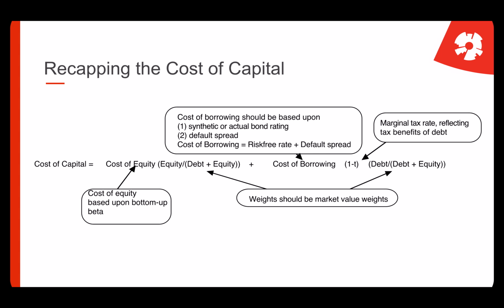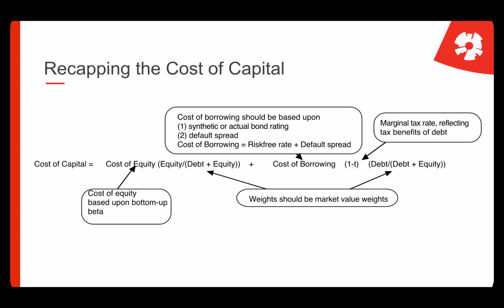We then add the appropriate default spread to the risk-free rate. Again, we always use market values for the weights, not book values. And don't forget the tax adjustment. Debt gets multiplied by 1 minus the marginal tax rate, because interest payments are tax deductible.